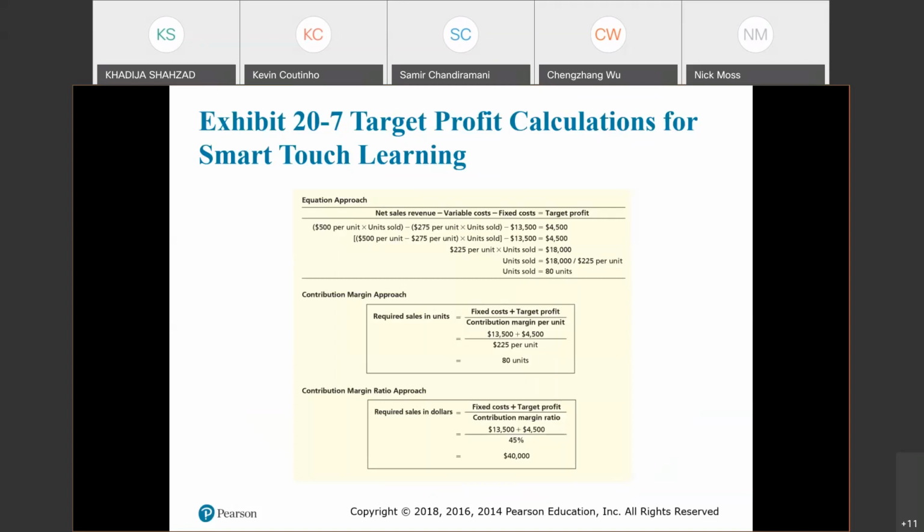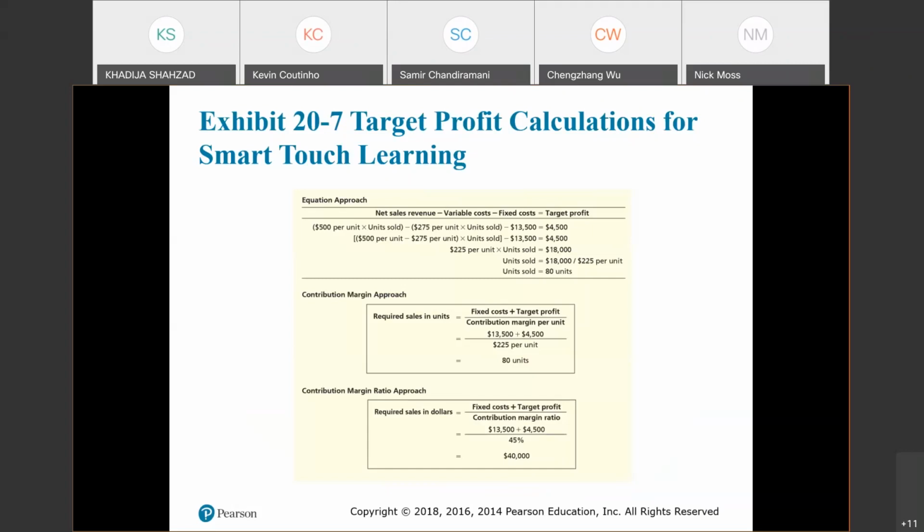So using this information, let's try to get to know the number of units or the dollar amount of total revenue required to achieve this target.